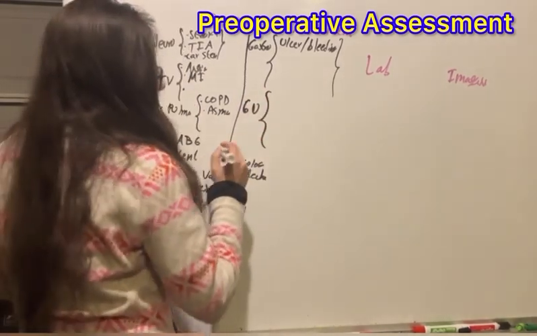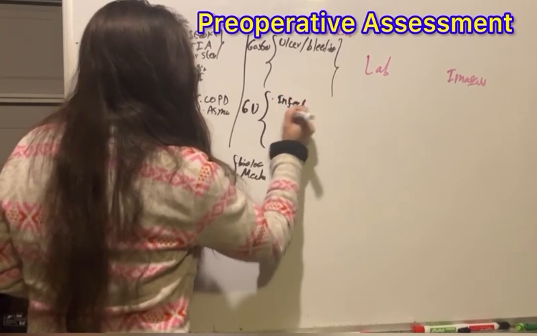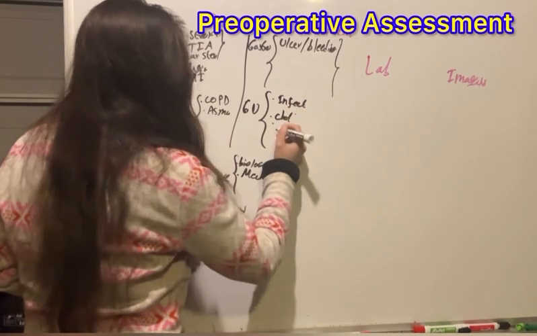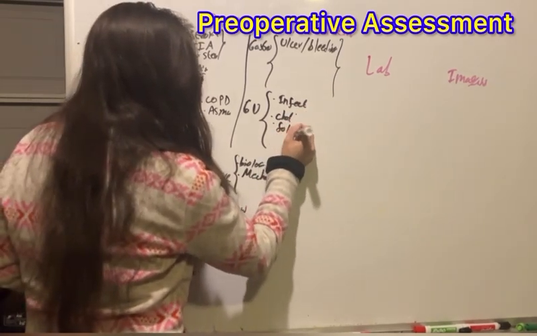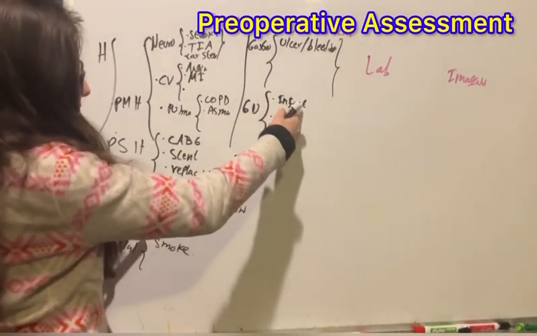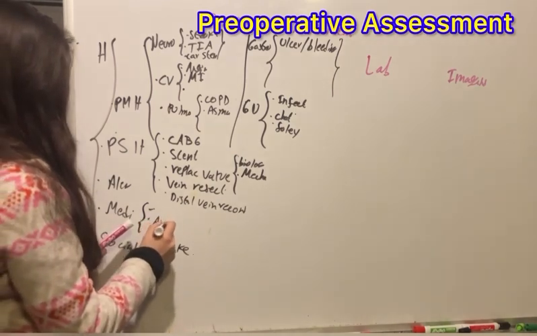Urinary, this is if the patient has any urinary tract infection, or a permanent catheter, or has had issues with Foley placement. And also if the patient has an infection, we need to know if the patient is currently taking antibiotics.